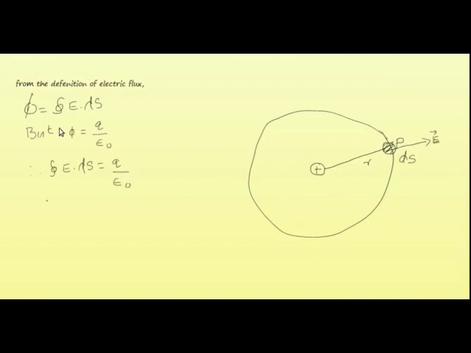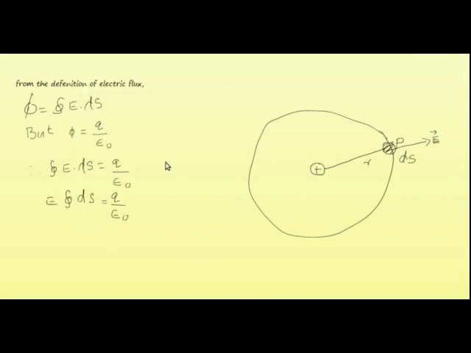Now we can compare these two equations. That is, phi is equal to E dot ds can be compared with phi is equal to q by epsilon 0. Therefore, we can write closed integral E dot ds is equal to q by epsilon 0. Or this is equal to E into closed integral ds. And what is the meaning of closed integral ds?